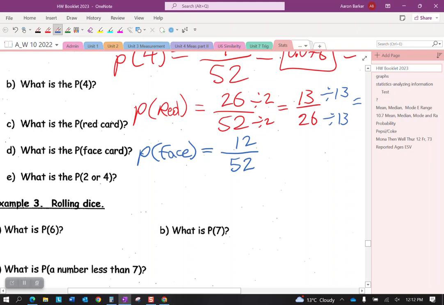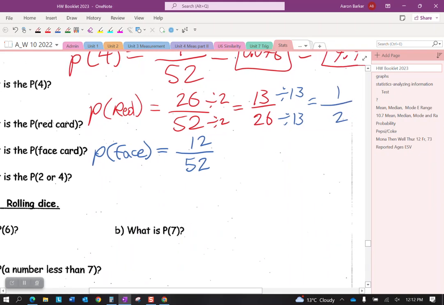Okay, so divide by 2, put in lowest terms. Go. Divide by 2, divide by 2. Oh, looks like you could divide by 2 again. So divide by 2, divide by 2.